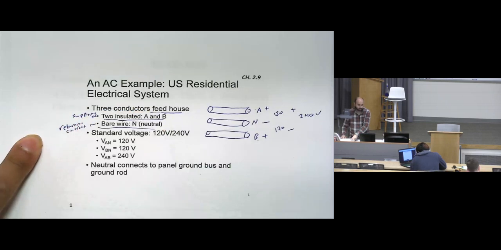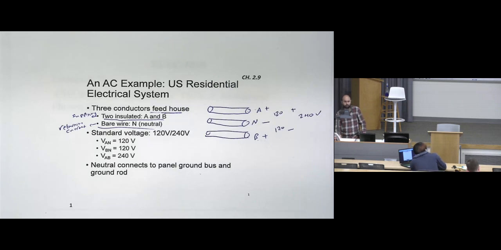Why do we need a returning current? Because we need a completed circuit. If we only supply the live without a neutral, how can we get a completed circuit? In order to let the current flow, we need a completed circuit, so we need coming and returning.